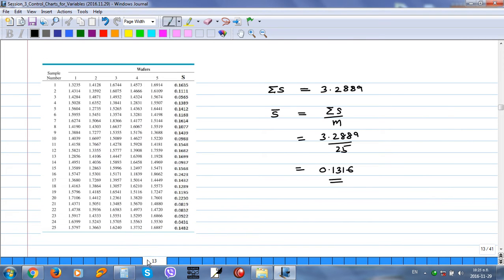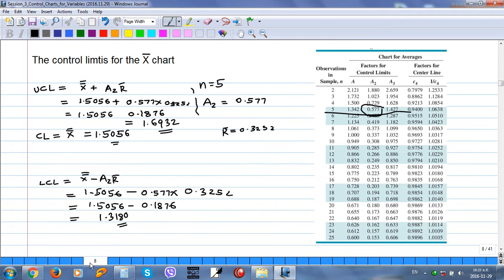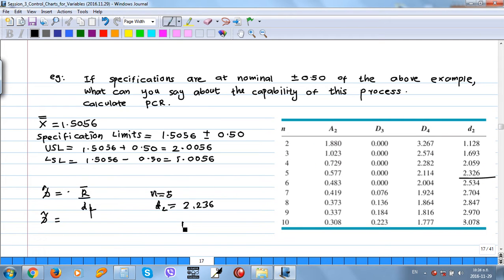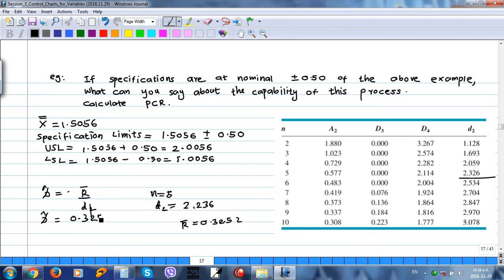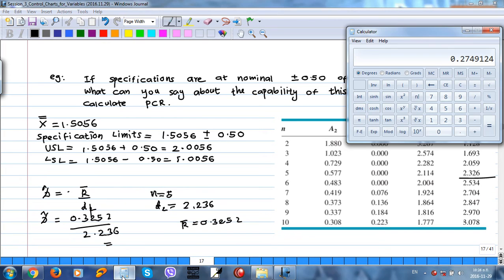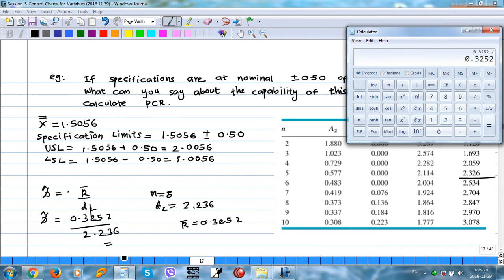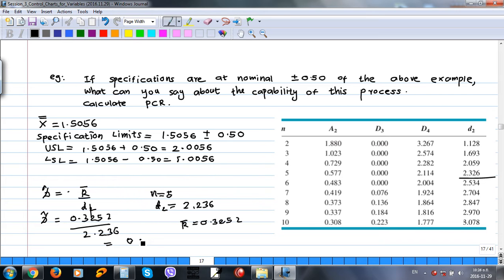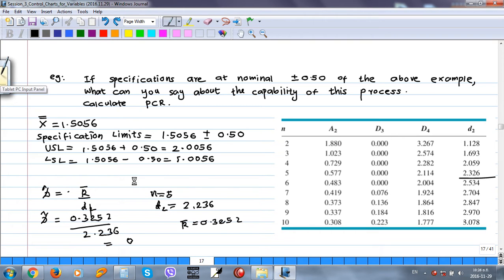Then to find sigma hat we need the R bar value, which I didn't remember, but we used it here. R bar is 0.3252. You can substitute it: R bar, 0.3252, divided by d2, 2.236. The answer comes as 0.1454 microns.